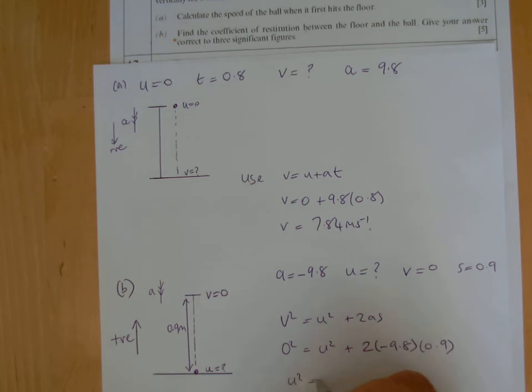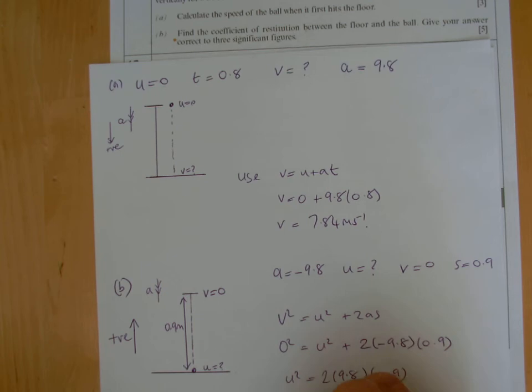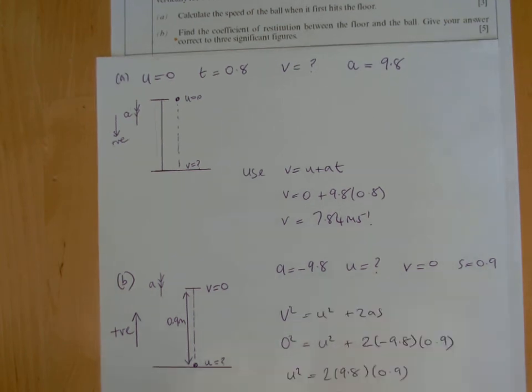So u squared will equal these times together: 2 times 9.8 times 0.9. On my calculator, I get 17.64. I'm just going to square root that, and I get 4.2.